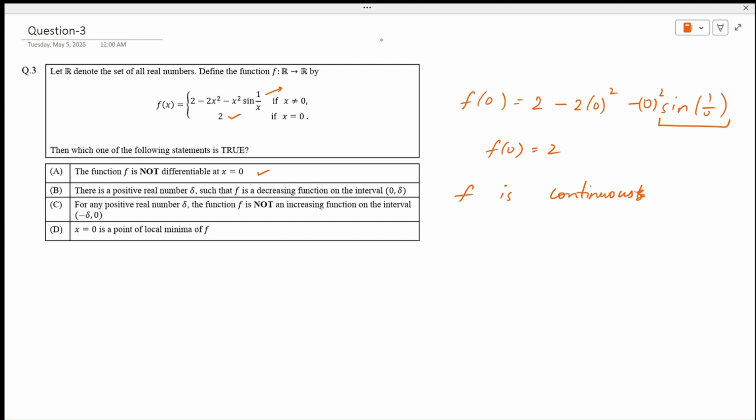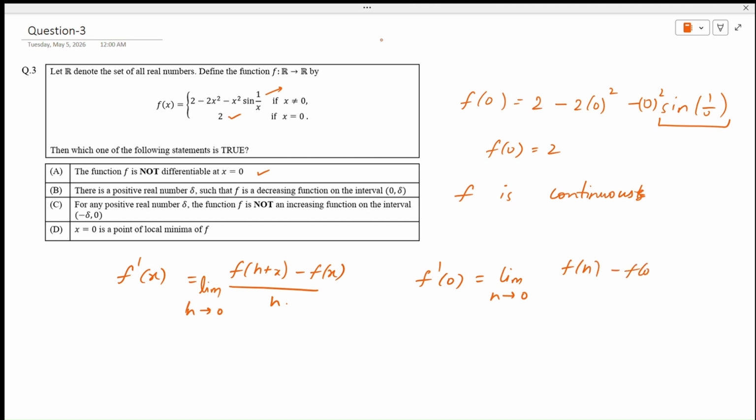So if I differentiate, f dash x, what will I get? I will get f of h plus x minus f of x by h, limit h tends to 0, and I am differentiating at 0. So f dash 0 equal to limit h tends to 0 of f of h minus f of 0 upon h.